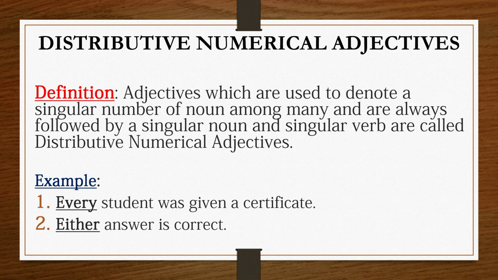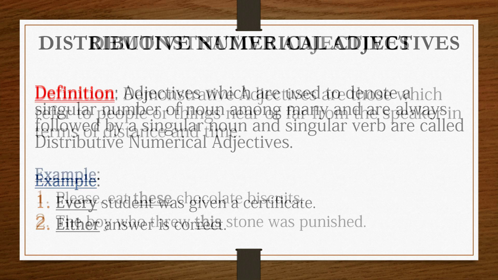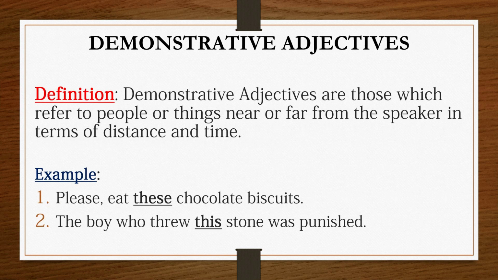Let's go to the next one, demonstrative adjectives. Demonstrative adjectives are those adjectives which refer to people or things near or far from the speaker, meaning the person who is speaking, in terms of distance and time. Like we already discussed in our previous classes about demonstrative pronouns.